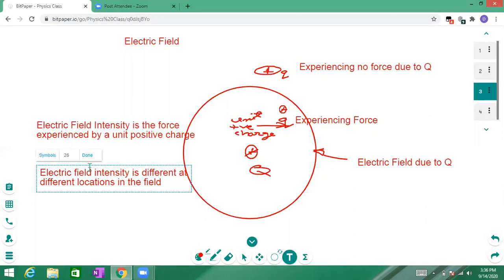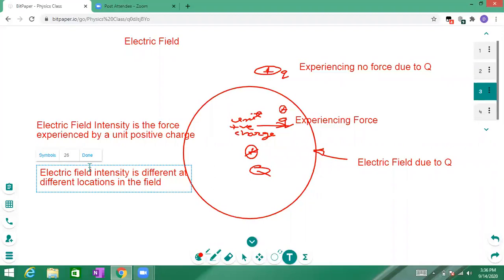But this is not always true. In certain situations, it may happen that the electric field intensity is the same at every point of the field. Then that field is called a uniform electric field. Otherwise, the electric field is called a non-uniform electric field. So non-uniform electric field means the electric field is different at different locations, different points of the field.